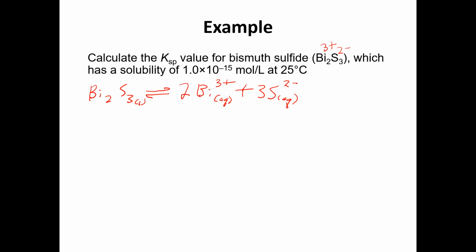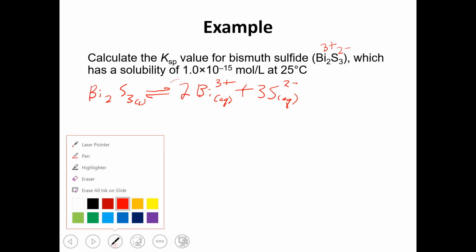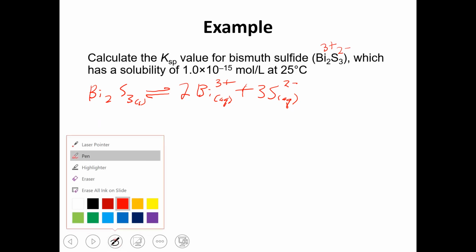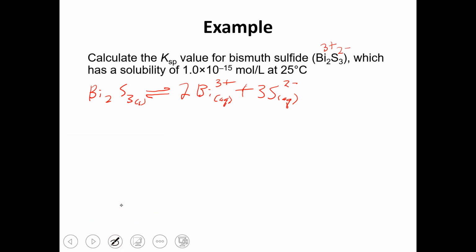So, since there are 2 of the bismuths and 3 of the sulfurs, we need to calculate the Ksp here. But first, we have to calculate the concentration of bismuth and of sulfur. So bismuth, actually let's switch colors here.